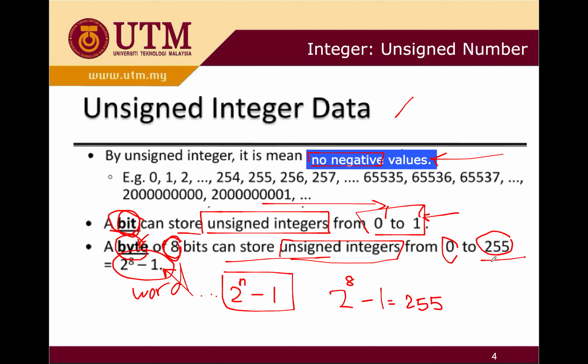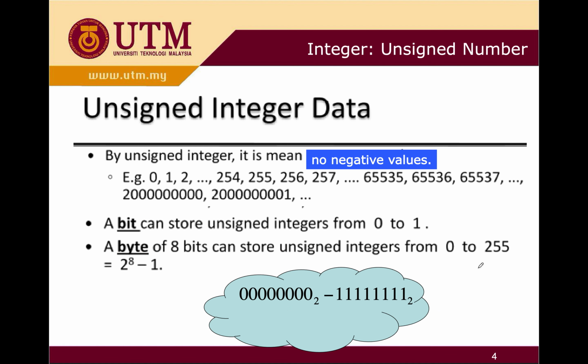Is it okay? So next, this is the possibility, because you have 0 0 0 0 0 0 0 0, which is 8 bits, and you can count from there until 1 1 1 1 1 1 1 1, and this value is basically 255.